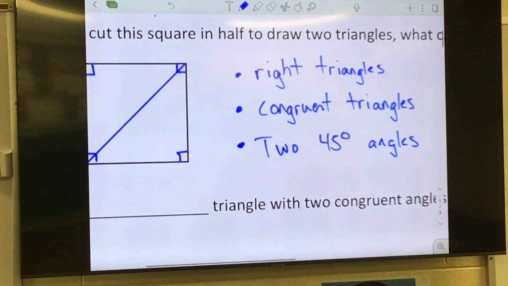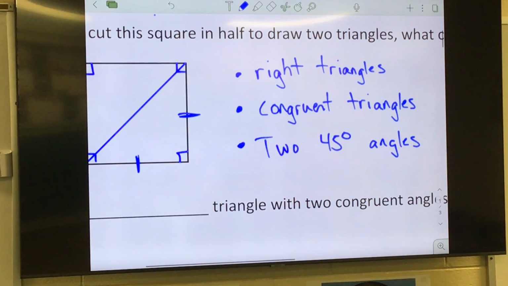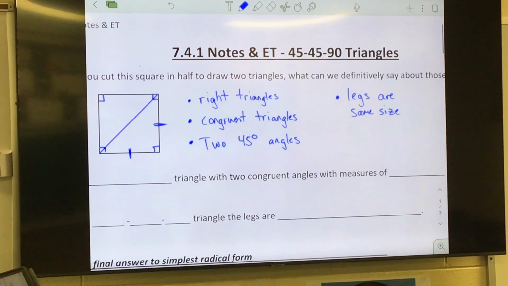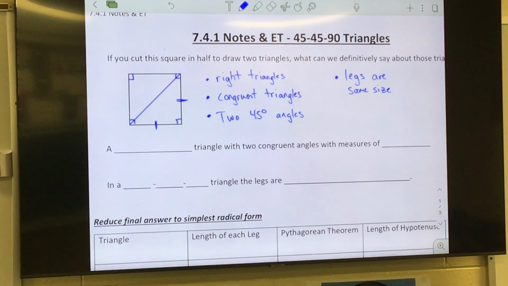Okay, and we could write that like this, right? That they're congruent. Remember the congruent line? So both legs are the same size. That's good to know, because if you don't remember some of the properties of a 45-45-90 triangle, you can just draw a square, cut it in half, and that helps you remember them. Okay, so fill in the blanks here.